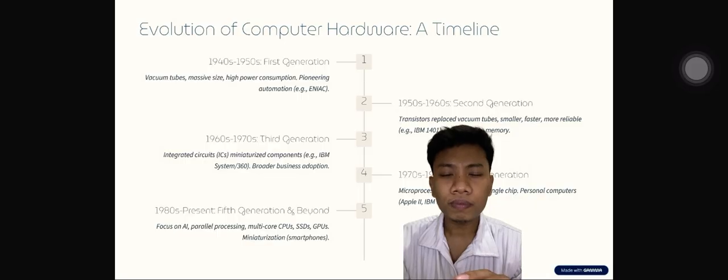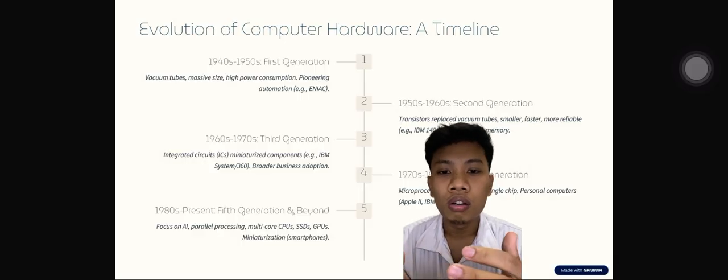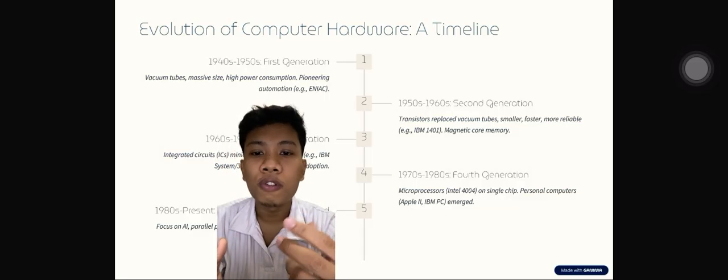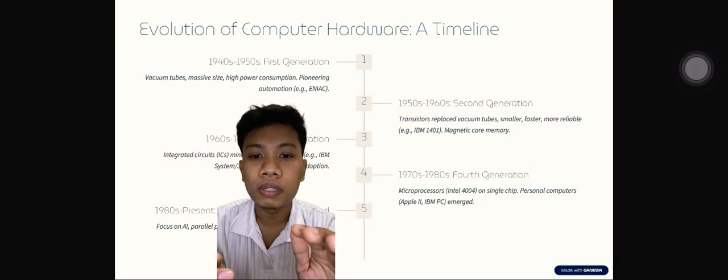They were primarily used for calculating in military and scientific application. Advantages included pioneering automation, but disadvantages were cost, size, and unreliability.